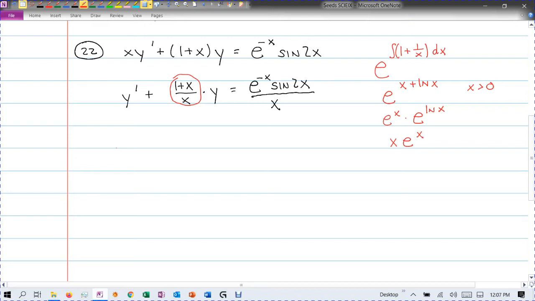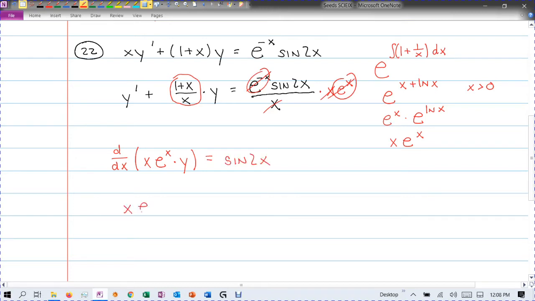We know the left side is going to be d dx of my integrating factor x e to the x times y equals, now when I multiply this side by x e to the x's cancel, and then this guy and this guy are going to cancel out. And so all I'm left with is sine 2x, and that's good because I can integrate that.